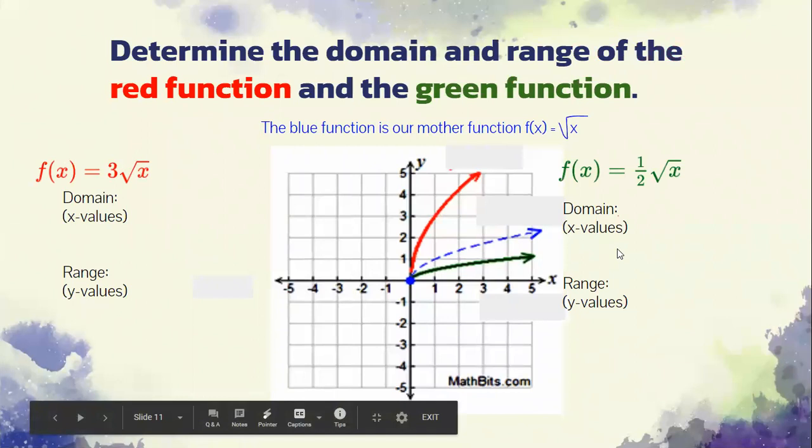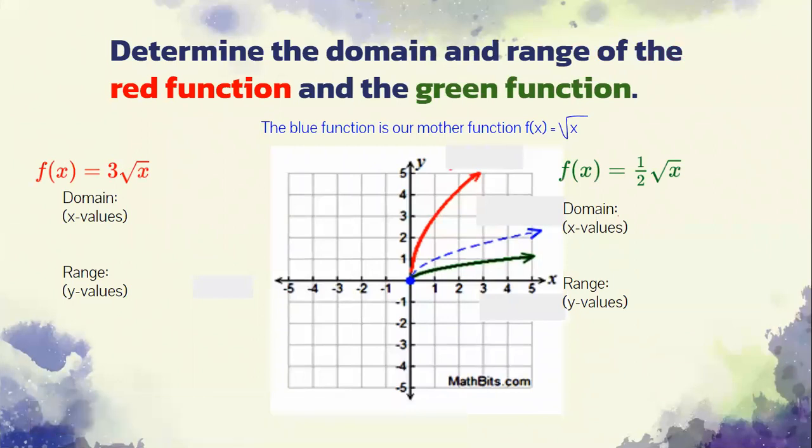Taking a look at 1/2 square root x and 3 square root x, what is the domain and what is the range? The domain of the green function, y is equal to 1/2 times the square root of x: notice that the x values start at 0 and continue towards positive infinity, and the y values start at 0 and continue towards positive infinity.